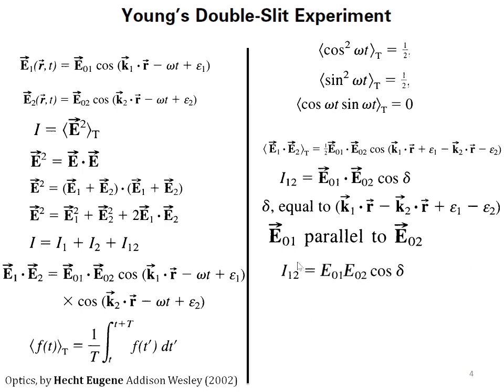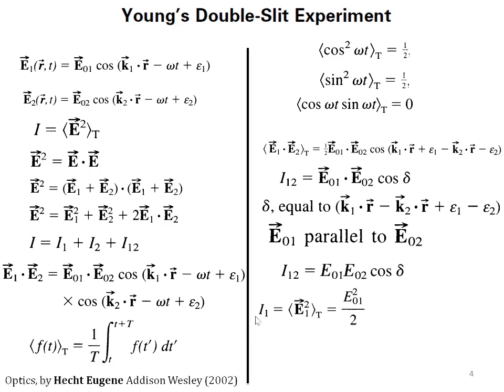So I12, therefore, we have written to be equal to this. Now these vectors have disappeared and their magnitudes have taken the place because they are parallel to each other, into cos of delta. That is the interference term, which leads to those maxima and minima.